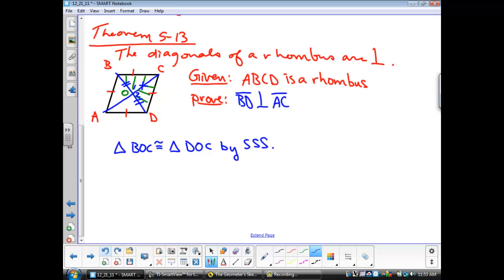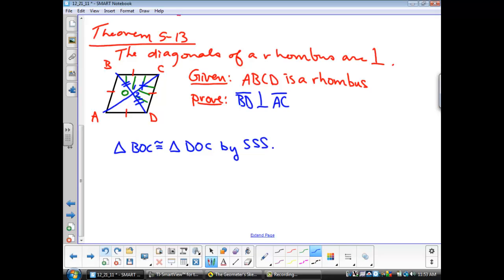Now I want to go through the fact that angle 1 is congruent to angle 2, so these lines must be perpendicular. What I'm looking for, Dustin, is when you have intersecting lines that form congruent adjacent angles, those lines are perpendicular. We have a theorem that says that.